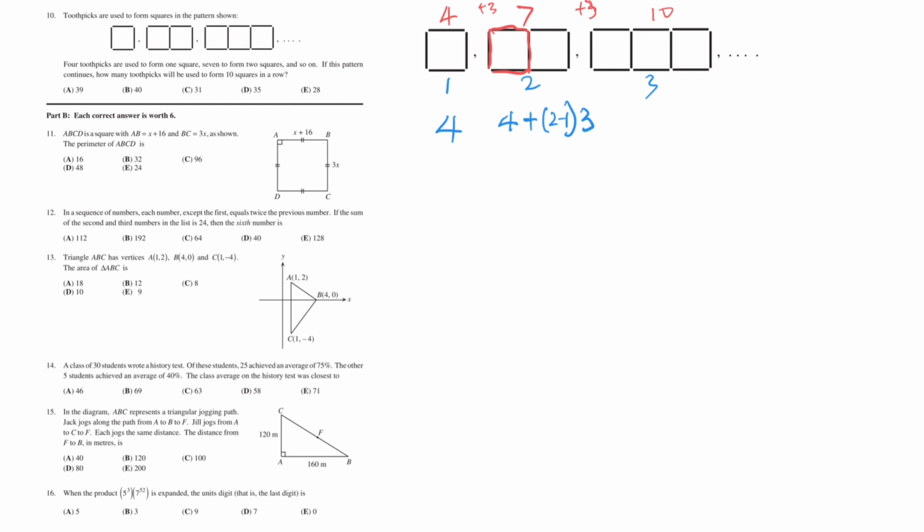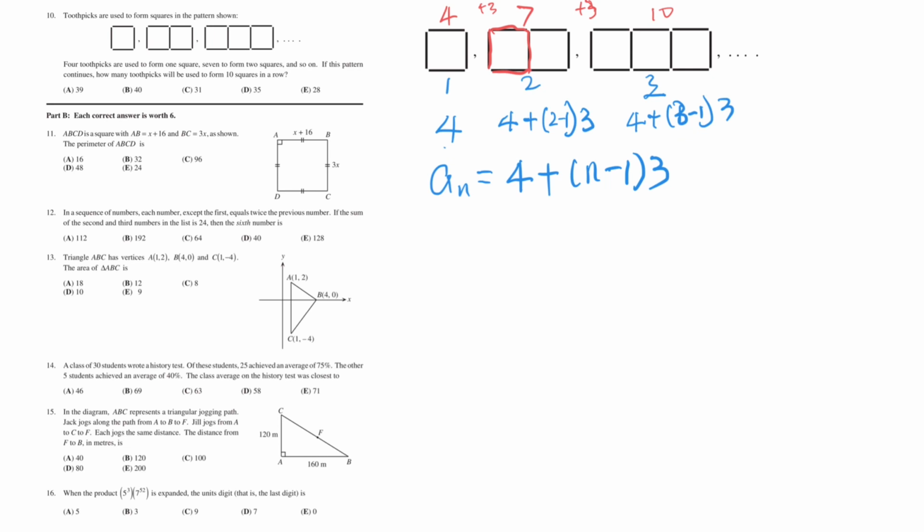So the third one is 4 plus 3 minus 1 times 3. Continuing on, we find the pattern: the nth term equals the first term, 4, plus n minus 1 times the common difference 3.